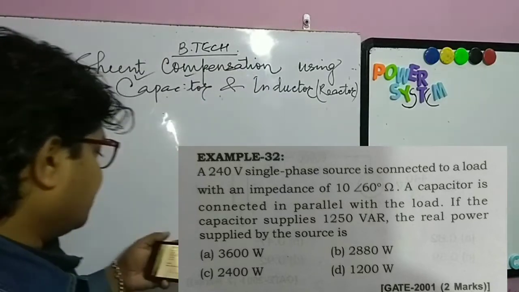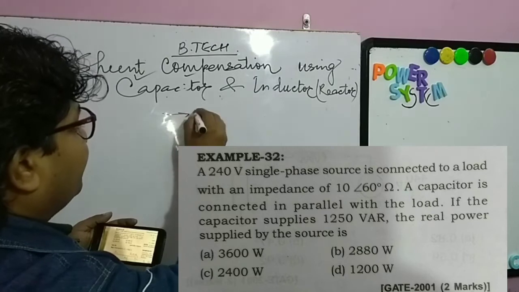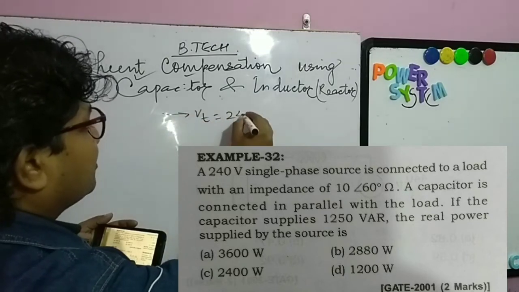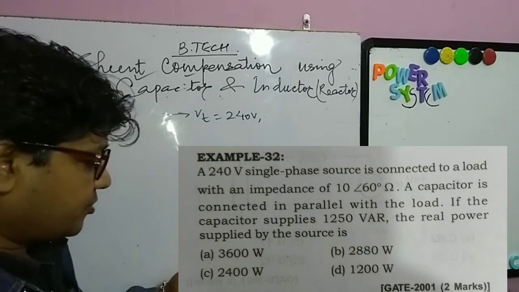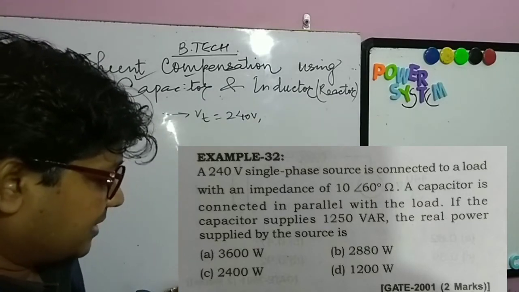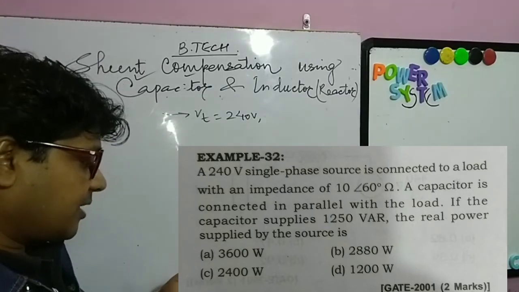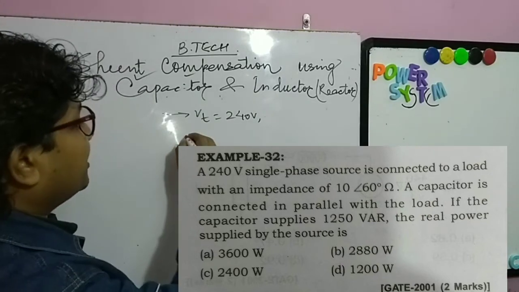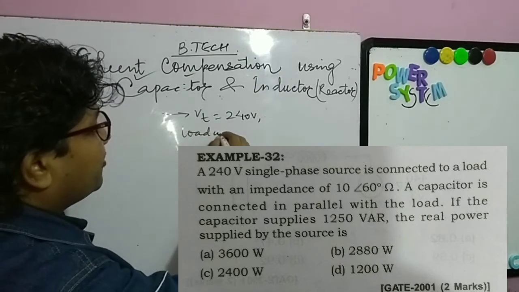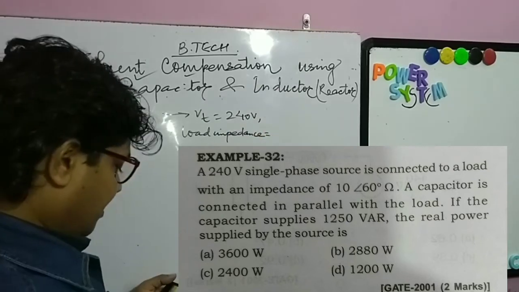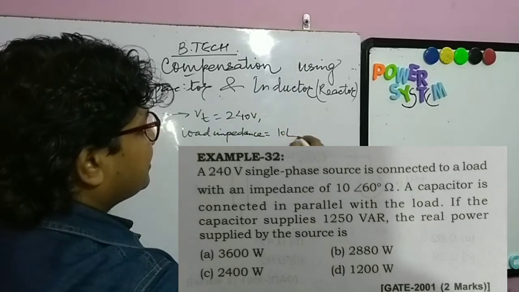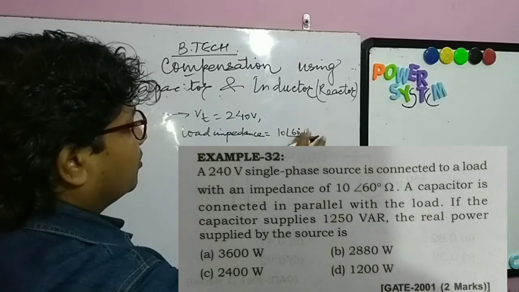A 240 volt single phase source, so V_t we are provided with, you can see the question on the screen. It is connected to a load with impedance Z_L equal to 10 angle 60 degree ohm.